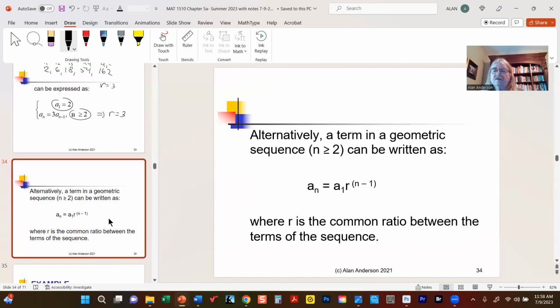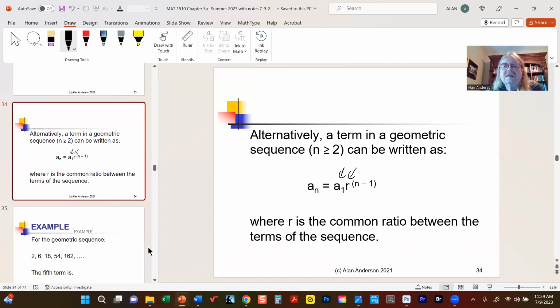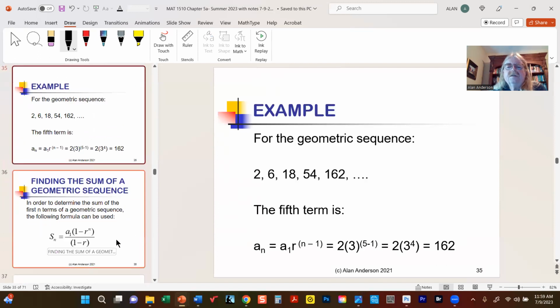Now, in general, this is a formula that'll let you identify any term you need. If you know the starting point and the common ratio, you can find any term you want with this formula. Except for, this is for 2 and up, of course. So let's look at a quick example using this one we just had before. This is A1, A2, A3, A4, and A5.